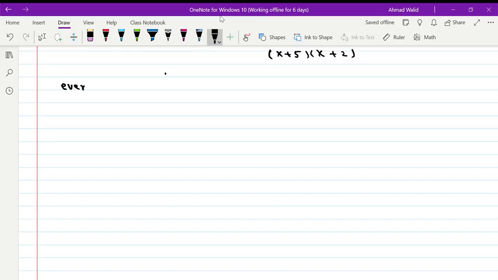Every rational expression in the form of p of x over q of x, where q of x of course cannot be 0, correct?